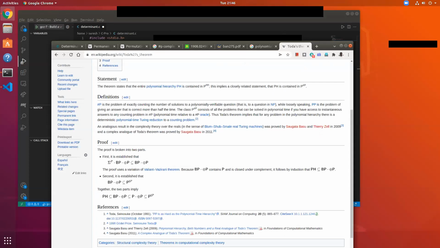Are you able to see my window or the wiki window I'm showing?